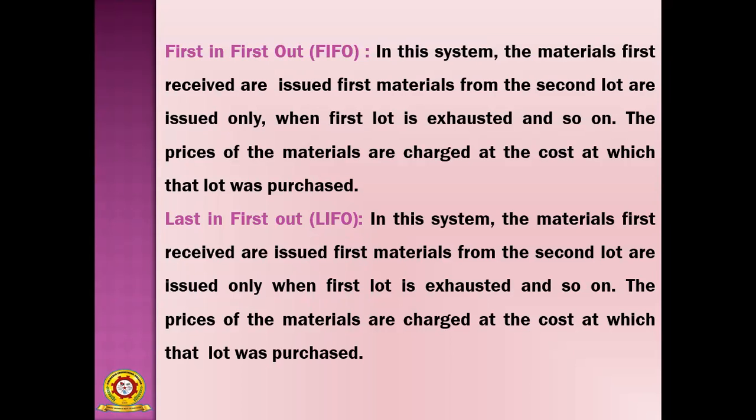In this system, the materials first received are issued first, and materials from the second lot are issued only afterwards. First in, first out means those which come in first, you issue those materials first. Suppose we have 3 batches of stock: on January 1st some stock is received, on January 5th we receive some stock, and on January 10th we receive some stock.